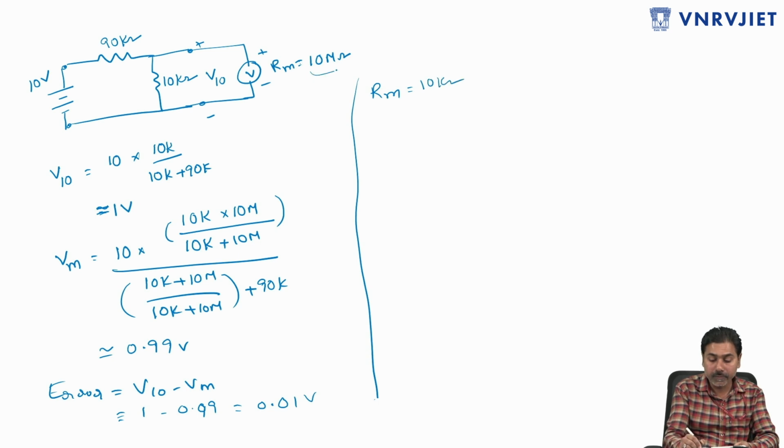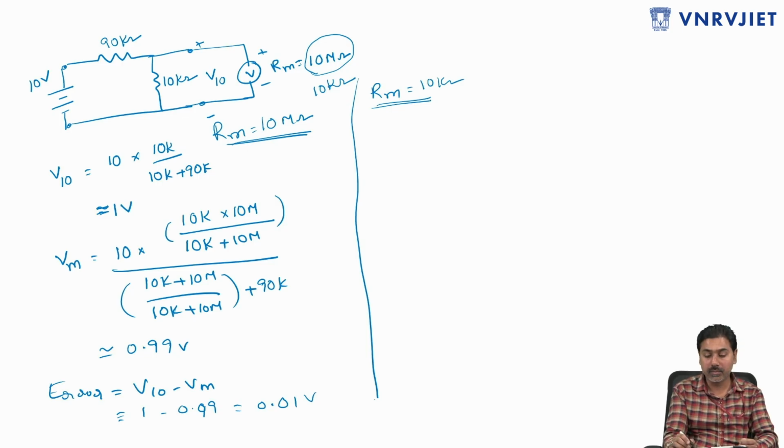So instead of 10 mega ohm, in this case I am taking 10 kilo ohm. So I selected a voltmeter of 10 kilo ohm internal resistance. Now we'll repeat the same calculation. Anyway, the actual reading is the same, 1 volt.